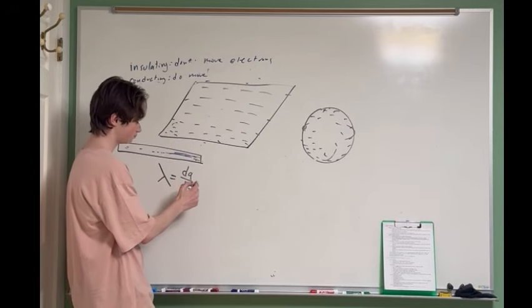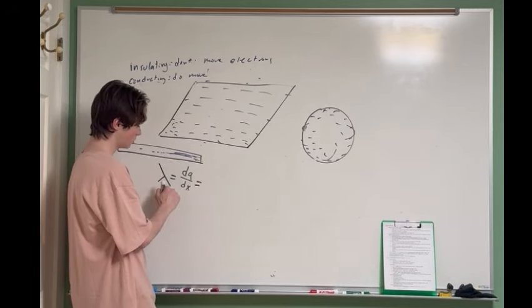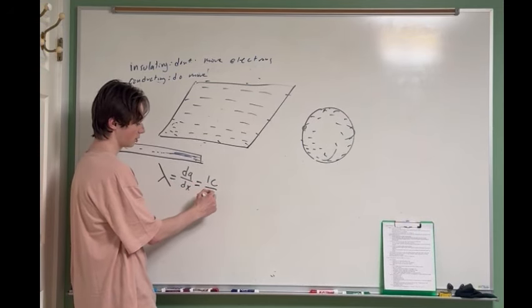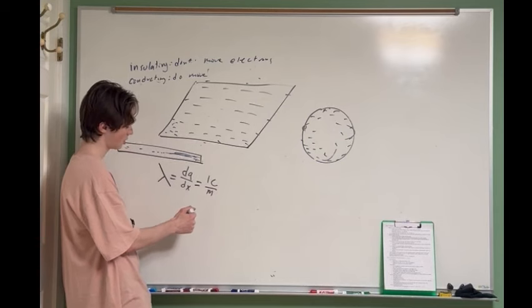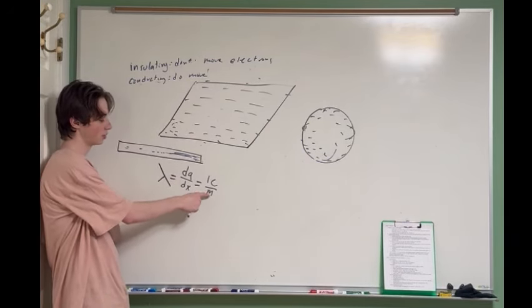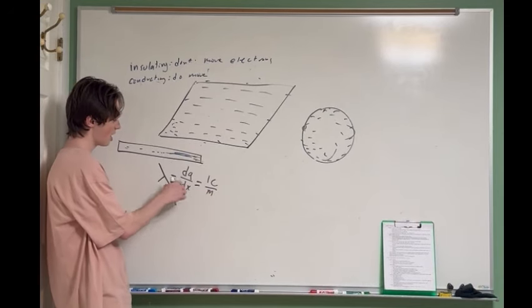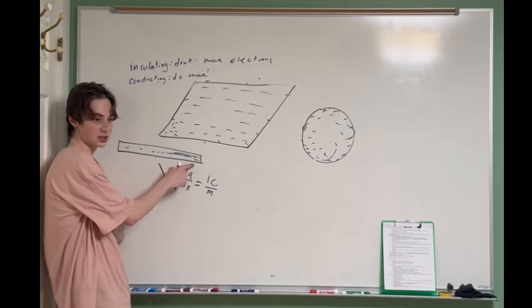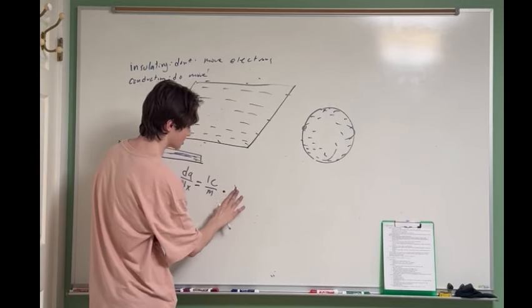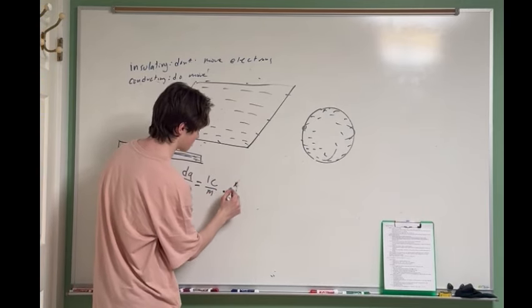So we could say, for example, delta charge over delta length is 1 coulomb per meter. Lambda. So maybe it's 1 coulomb per meter is the density, and then we represent that the density gets more dense as we go on, so that's times x, x per meter.